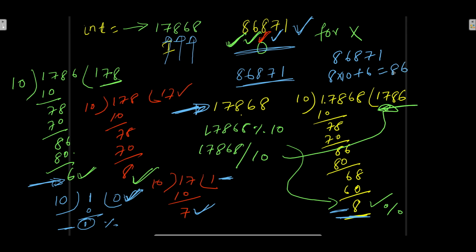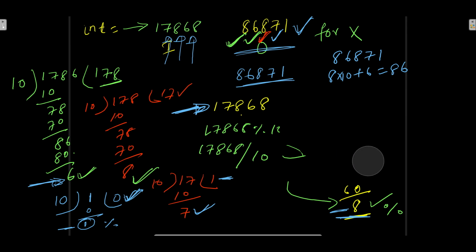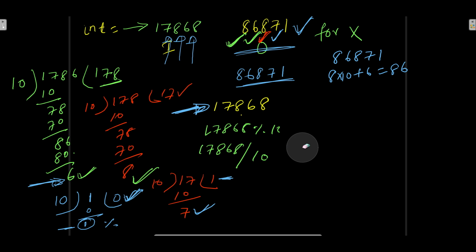When you multiply 8 by 10 and add the modulus, you get 86. Now you have 86 after the second step. The third time you do a division, the modulus is 8, right? So after 86, what number do you have to get?